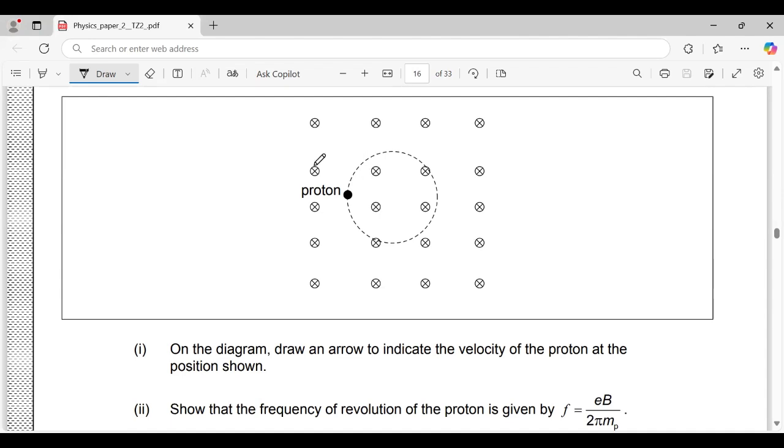So it means the arrow is downwards, perpendicular, like this. The direction is downward.